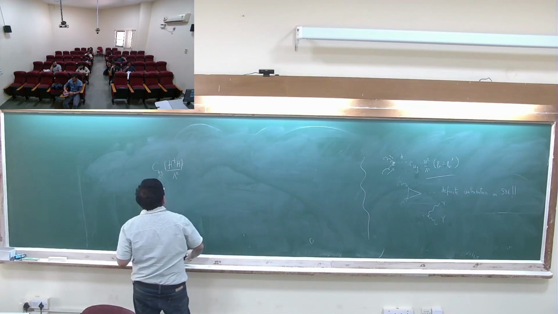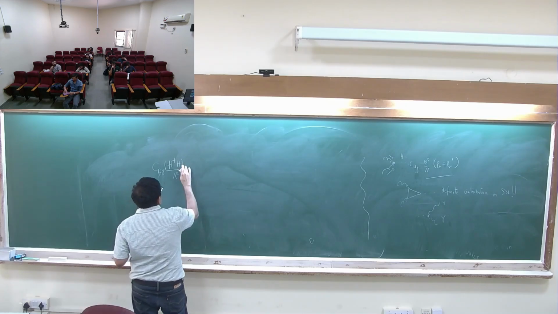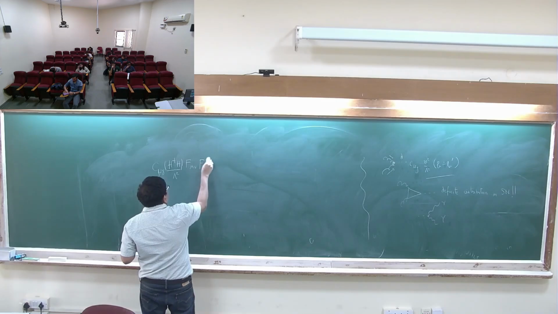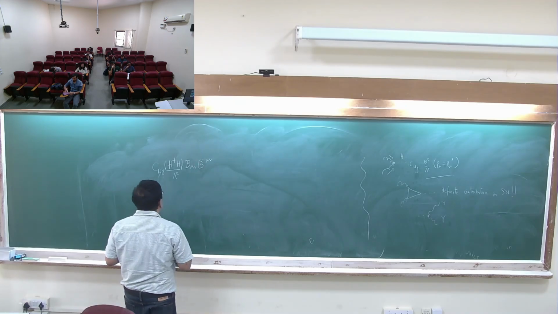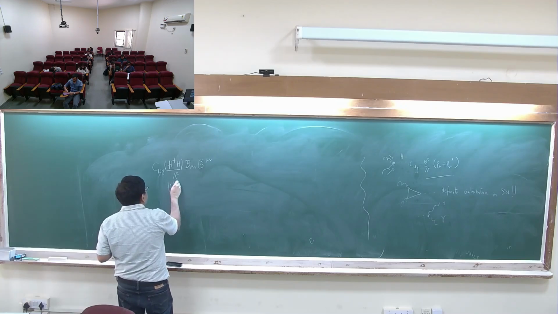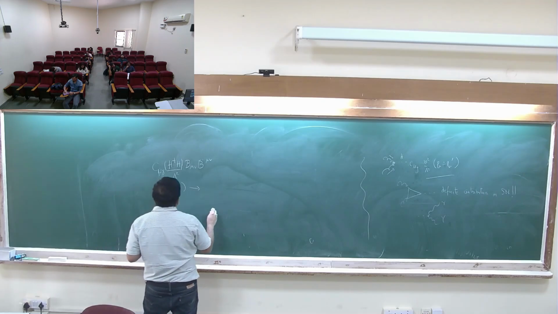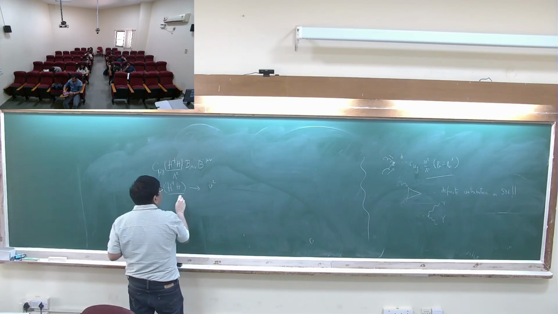So, in the standard model unbroken language, you write it as B mu nu, and then H dagger H goes to e square.